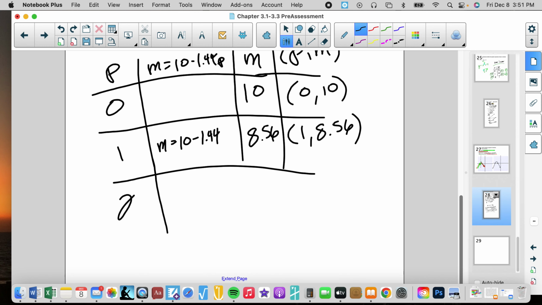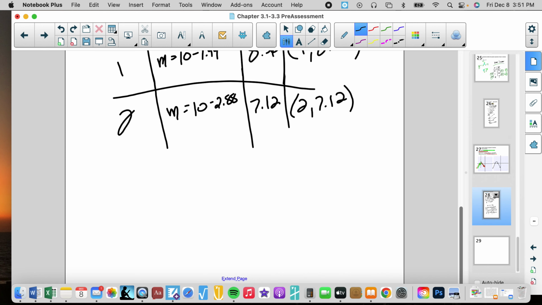2 is going to be 10 minus 2.88, which gives me 7.12. Oh, let's jump out to, I don't know, 5.